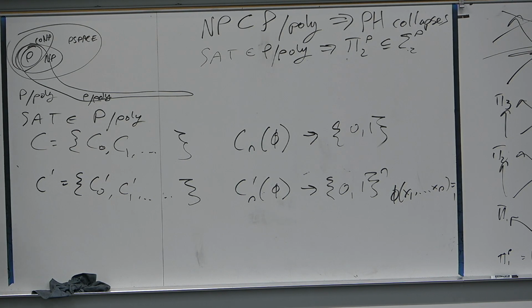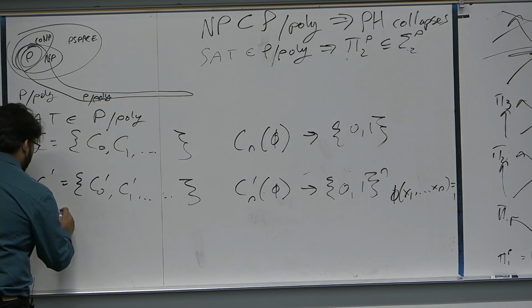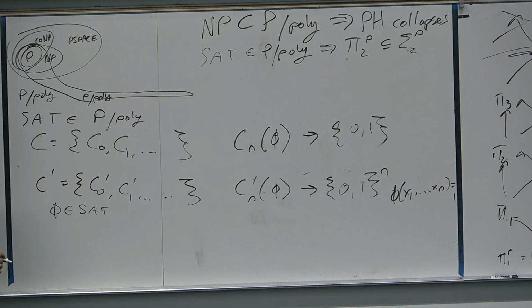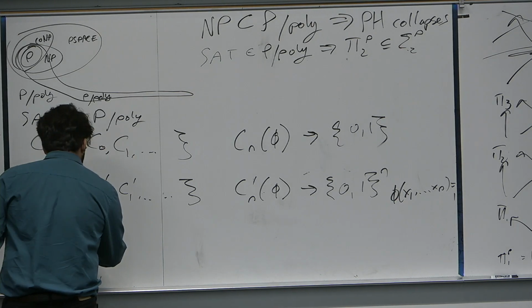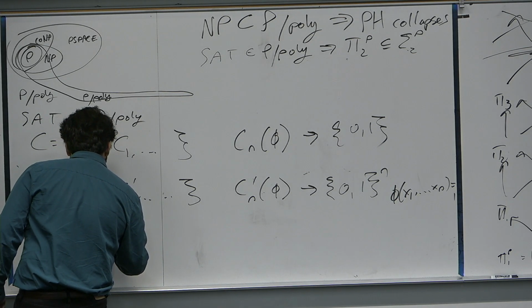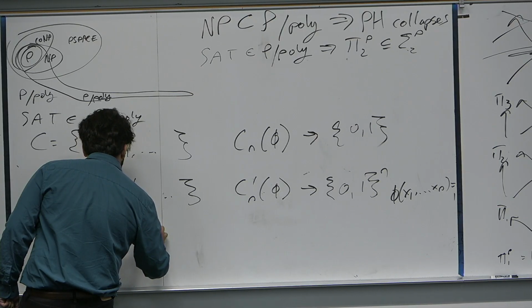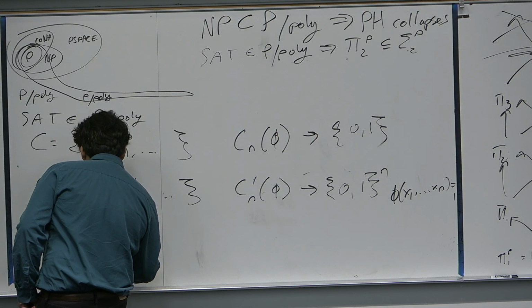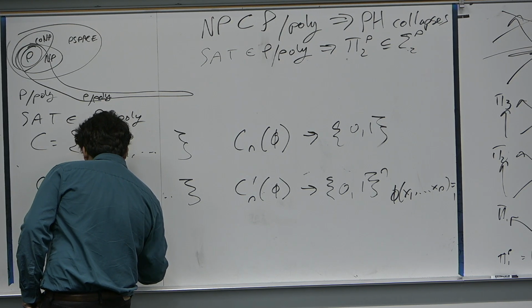For example, here's how C prime is going to work. If phi is in SAT, you know it's satisfiable, right? But you don't know what the satisfying assignment is. So then you ask two separate questions. Is phi and x1 in SAT? And is phi and not x1 in SAT?